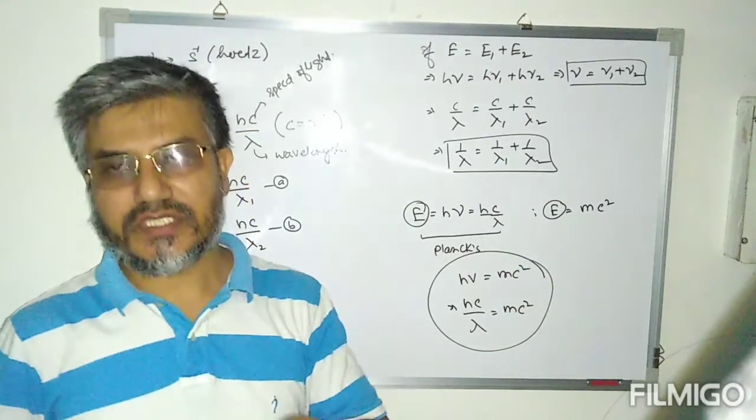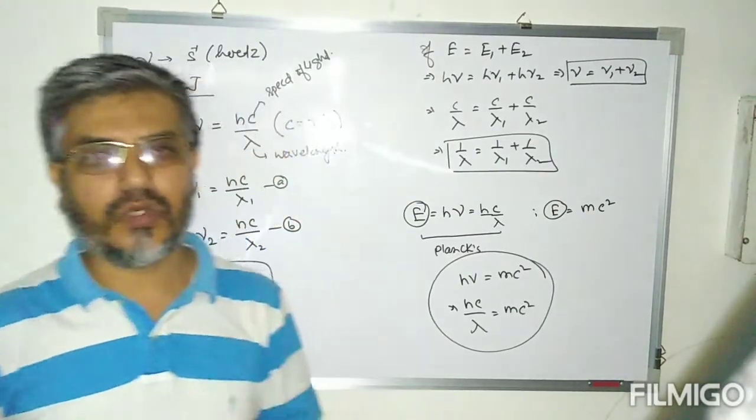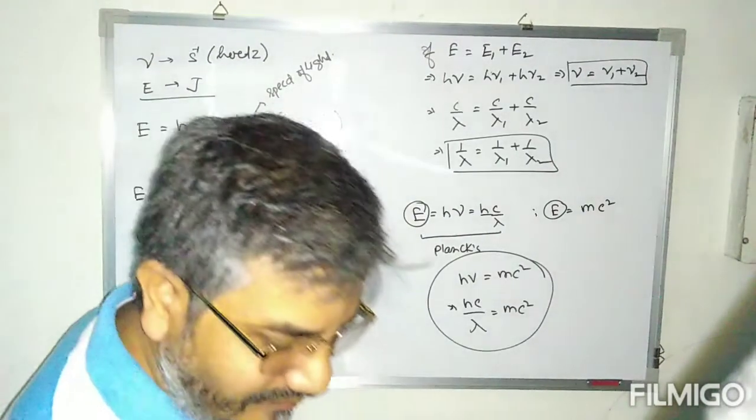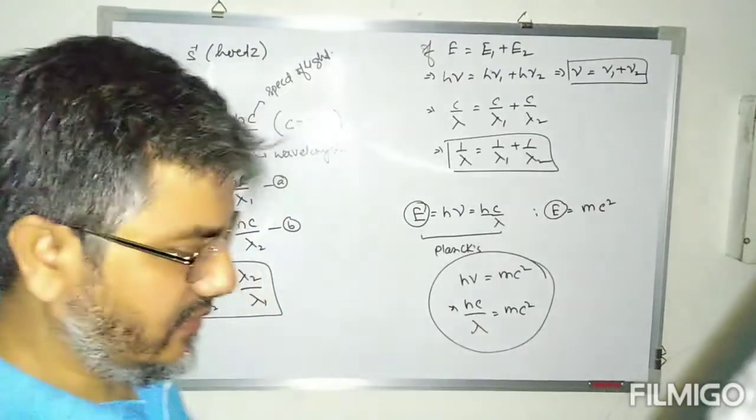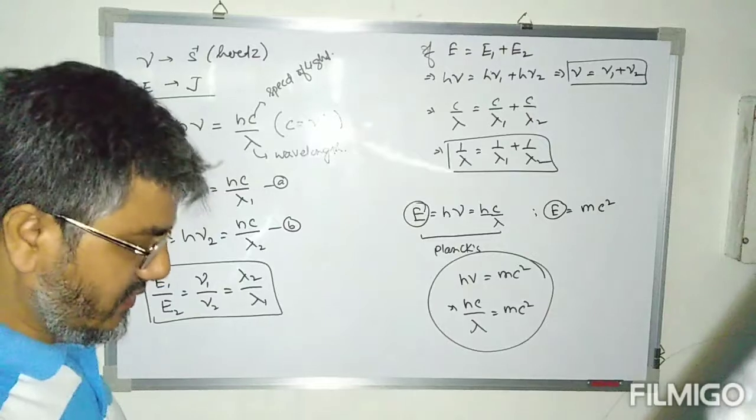So from this point we come to the conclusion that light possesses dual properties. So this is Planck's quantum theory.